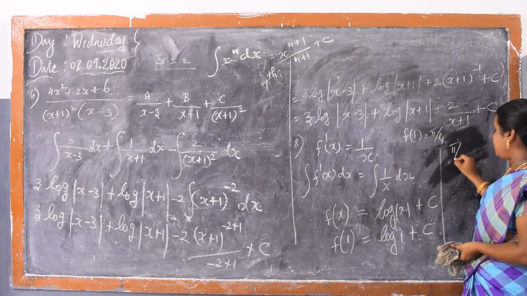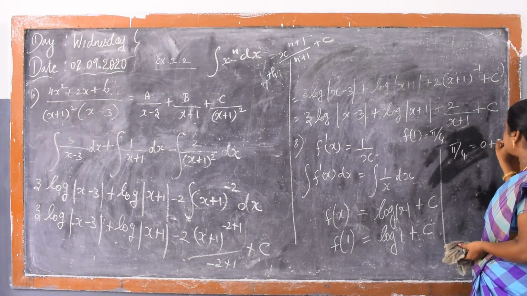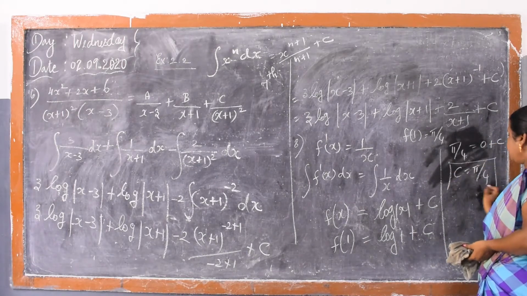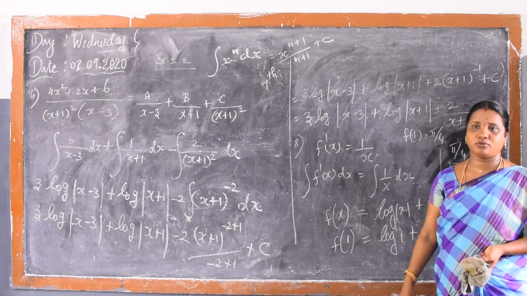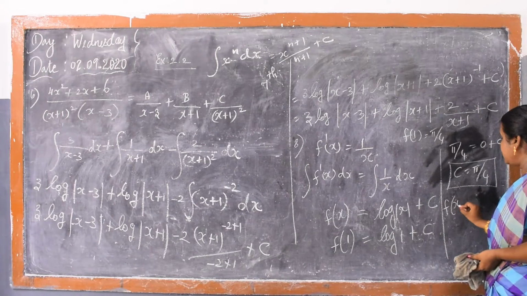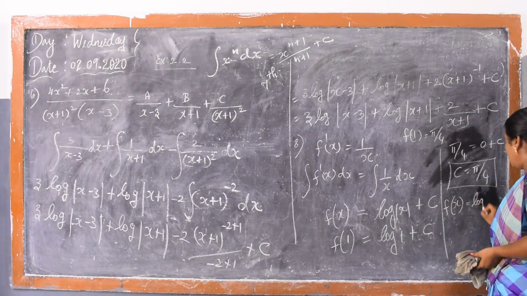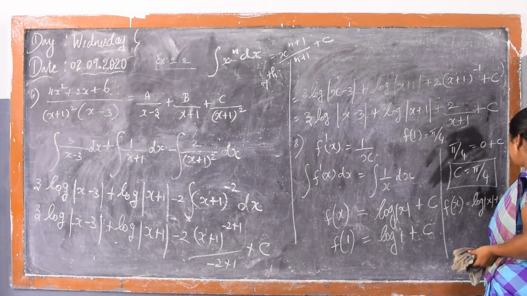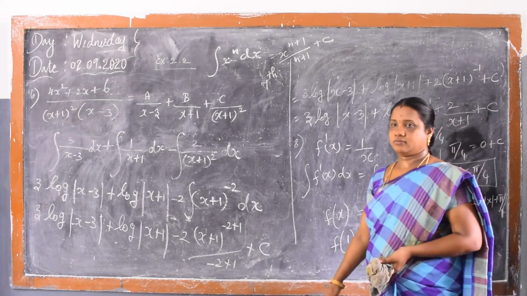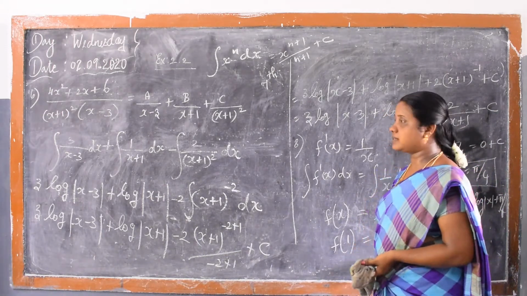That means pi by 4 is equal to 0 plus c. That means c is equal to pi by 4. What we have found is the value of c is pi by 4. Now substitute here: f of x is equal to log x plus pi by 4, the c value. Have you understood? Copy down this.